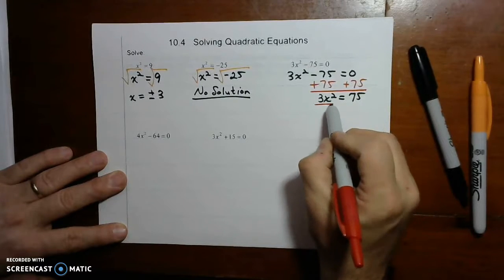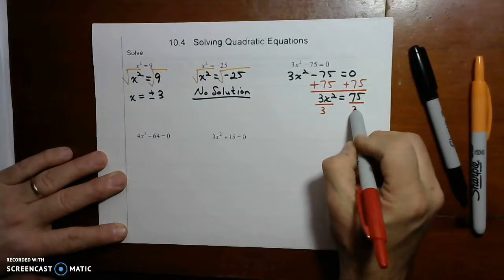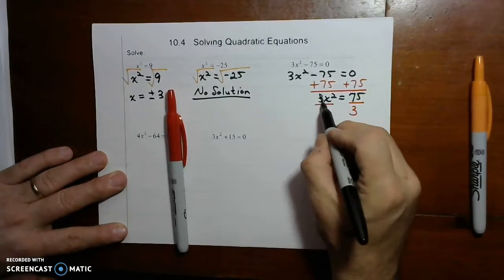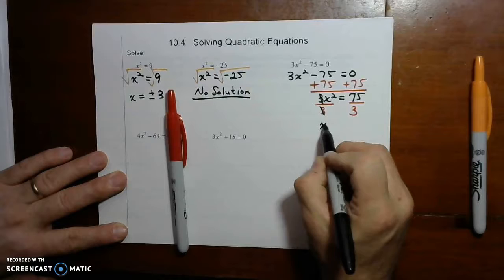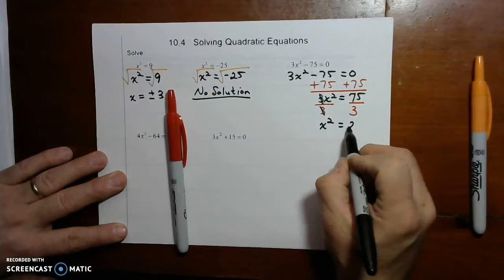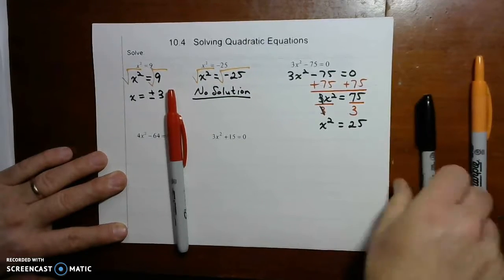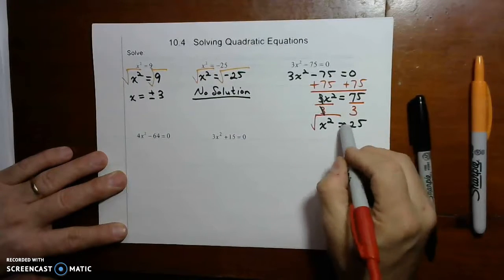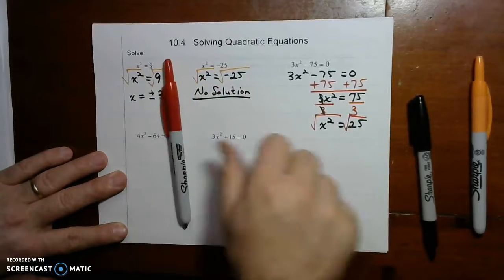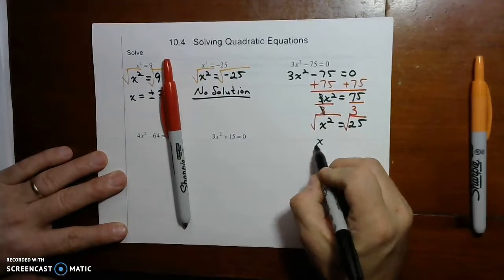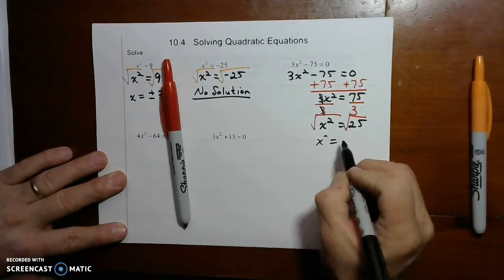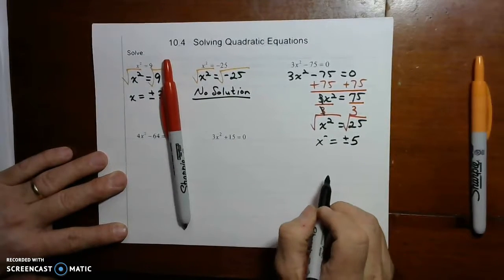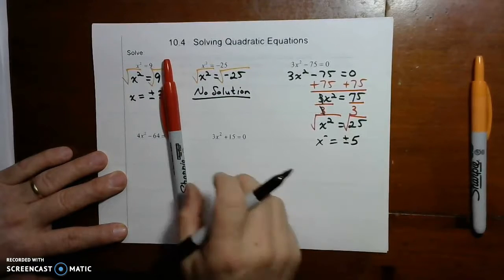Then I'll divide by 3, and x squared equals 25. Next, I'll take the square root of both sides, and when I do, I find out that x equals positive or negative 5, because the square root of 25 is 5.